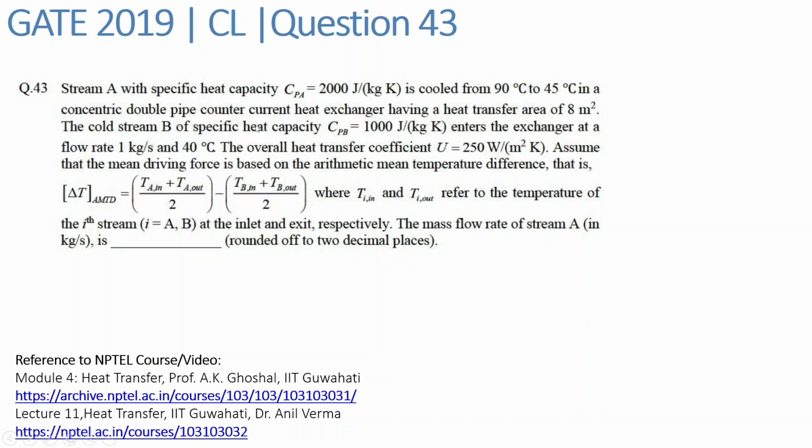So for this given double pipe countercurrent heat exchanger, we have been given this AMTD, so we don't have to use the straight temperature difference or log mean temperature difference. We have to use this arithmetic mean temperature difference as the mean driving force in this question. And the mass flow rate of A we have to find in kg per second.